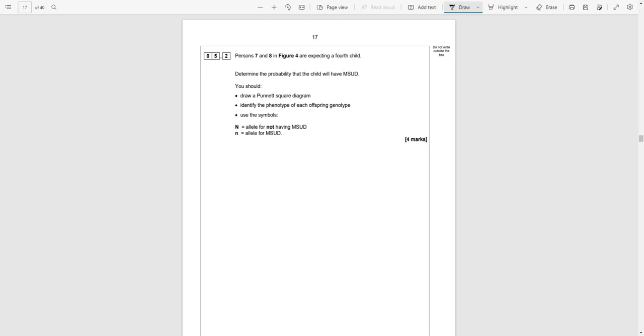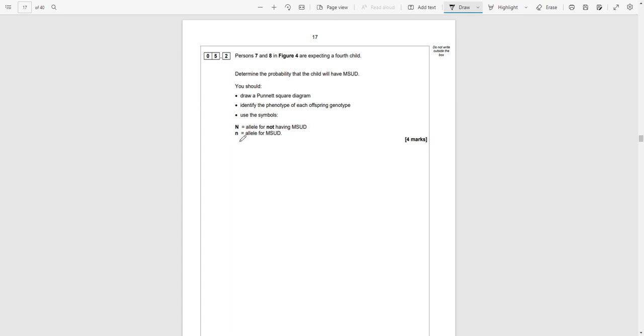So the fact that we're using capital letters and small letters, first of all, tells me that the allele for not having MSUD is dominant. And from my learning, I will remember that where we have a dominant allele, we only need one of those present in order for the disease to show.